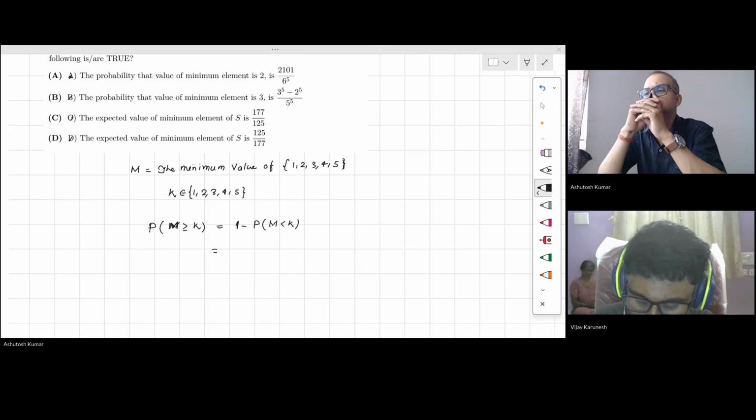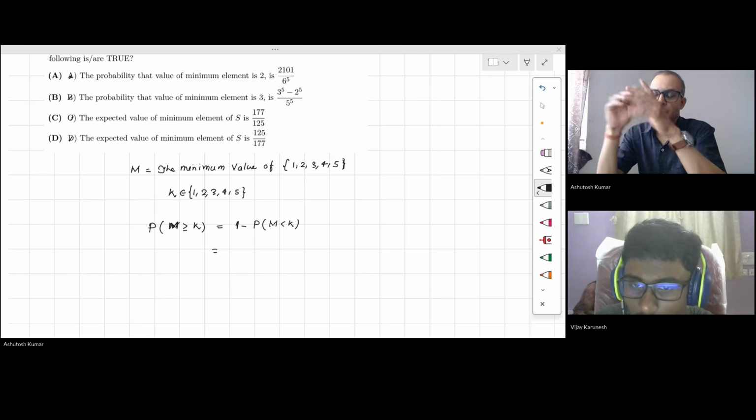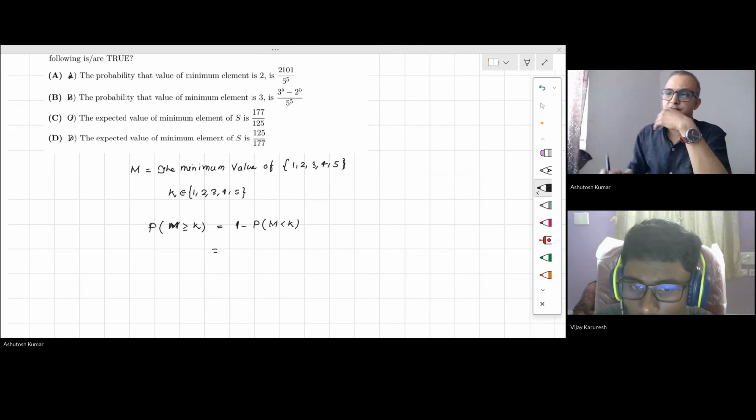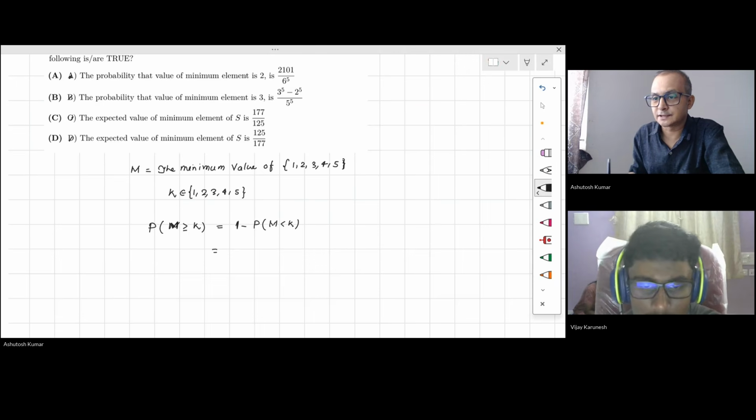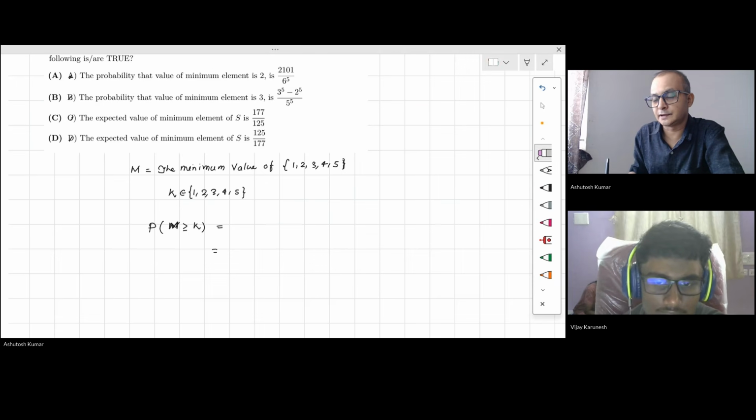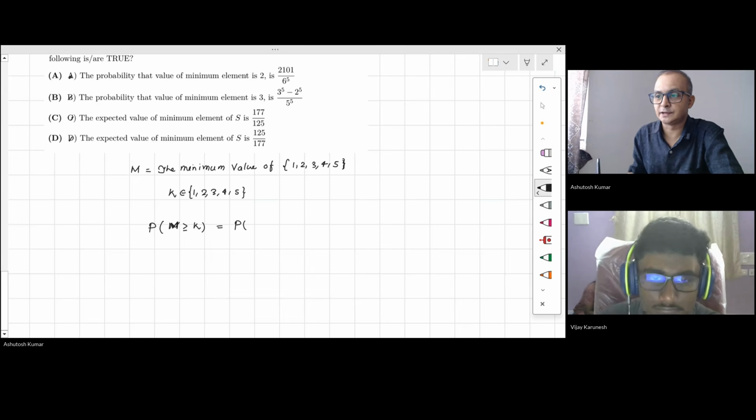Now suppose I ask you to find this directly without doing this thing. So what do you say? Suppose I have this k you are taking. It means you can say that a number we have picked, let's say x1, is greater than k.